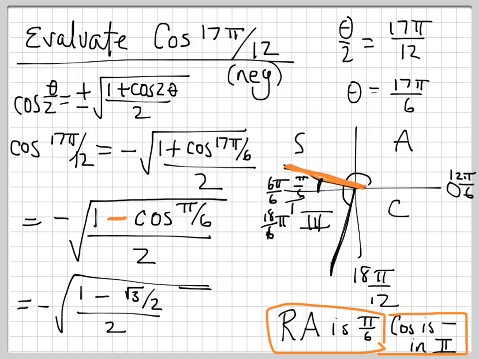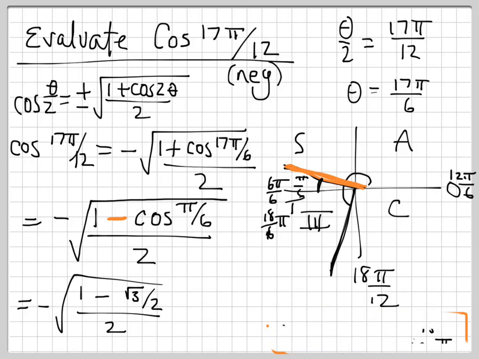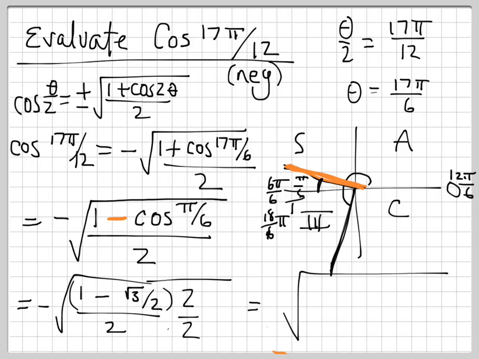And so now when we go to clean this up, and we multiply under the radical by a 2 up top and another 2 down below, what we get is the square root of 2 minus radical 3 all over 2. We have that negative outside. And so there is cosine of 17 pi over 12.